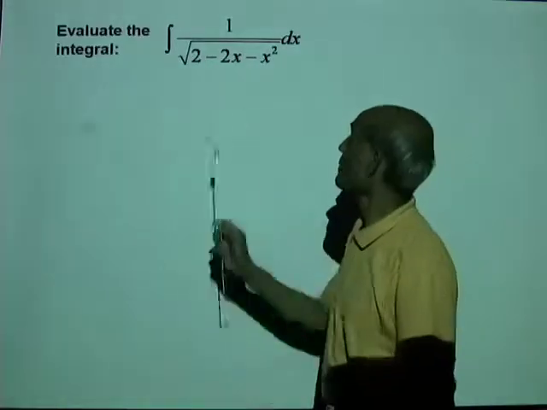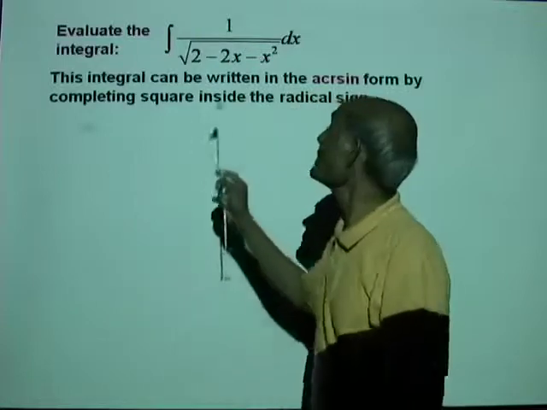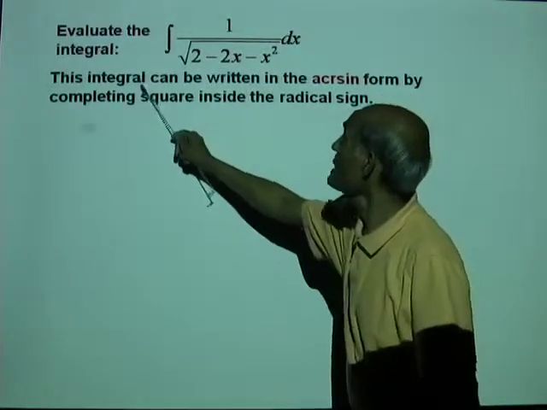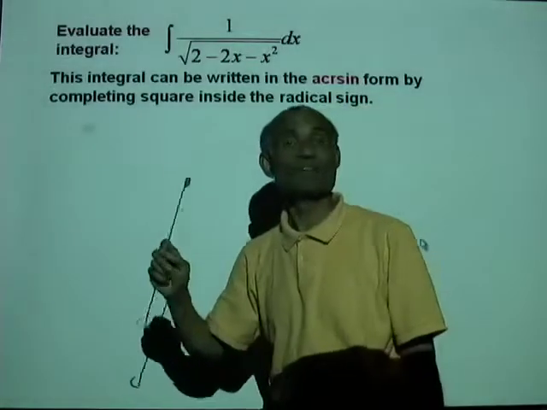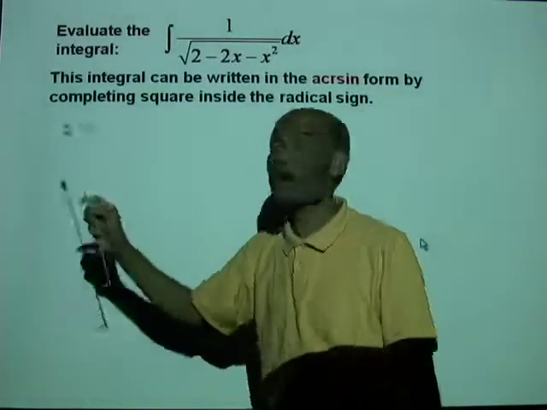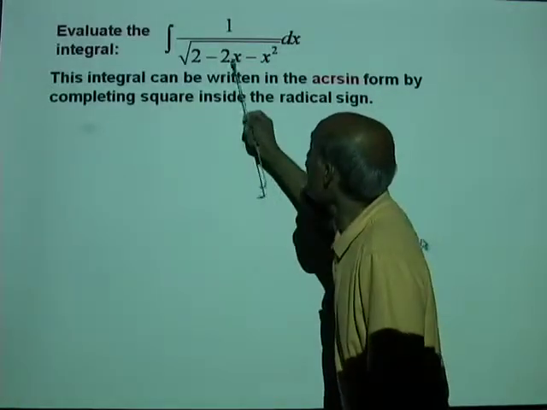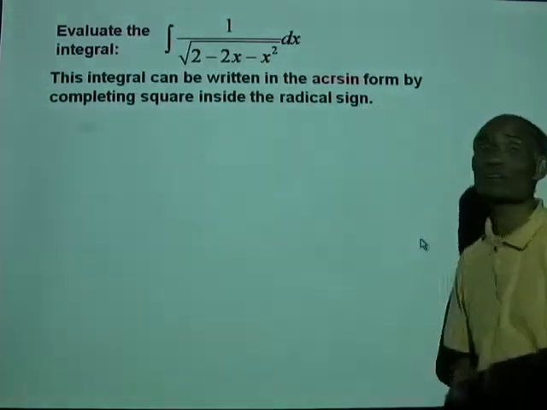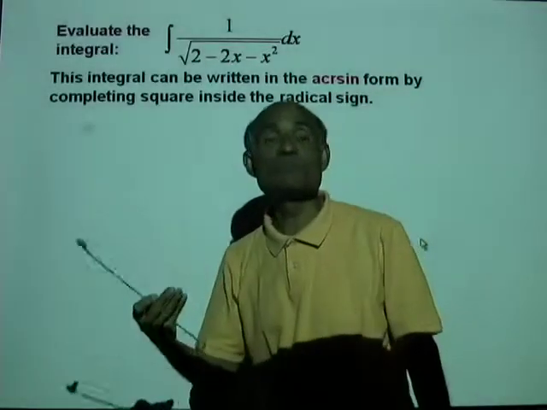How? Well, what we can do is some manipulation in the quantity there. This integral can be written in the arc sine form, a squared minus u squared form, by completing the square inside the radical sign. Well, I'm sure you know the skill of completing the square.